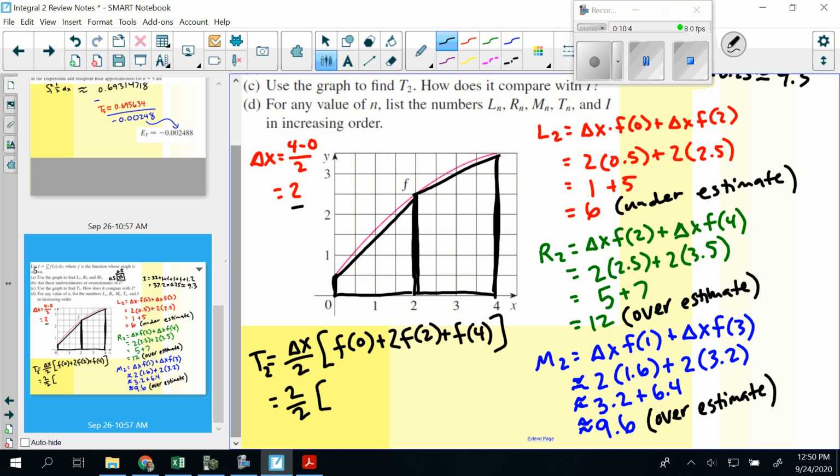Our f of 0 is 0.5. Our f of 2 came out to be 2.5. And f of 4 is 3.5. So if we multiply that out and add them up, we get 5 plus 4 is 9. And so this estimate's going to come out to be 9. And based on the I we got, this is a little bit of an underestimate, which it should be.